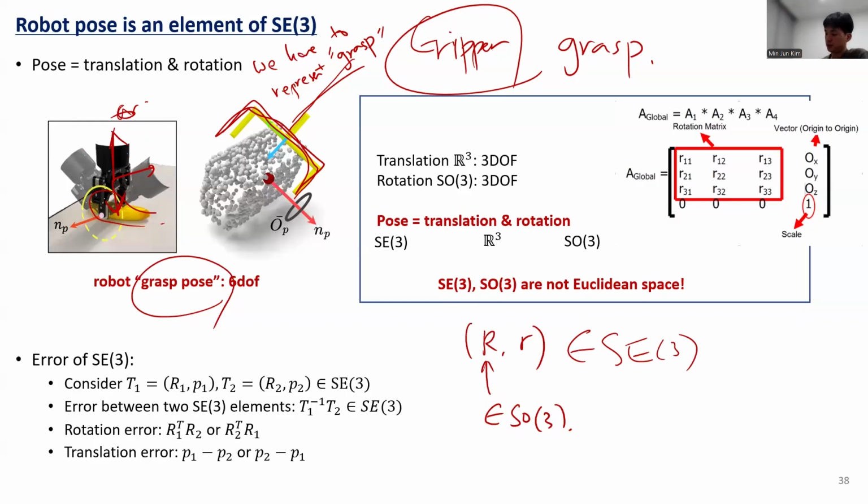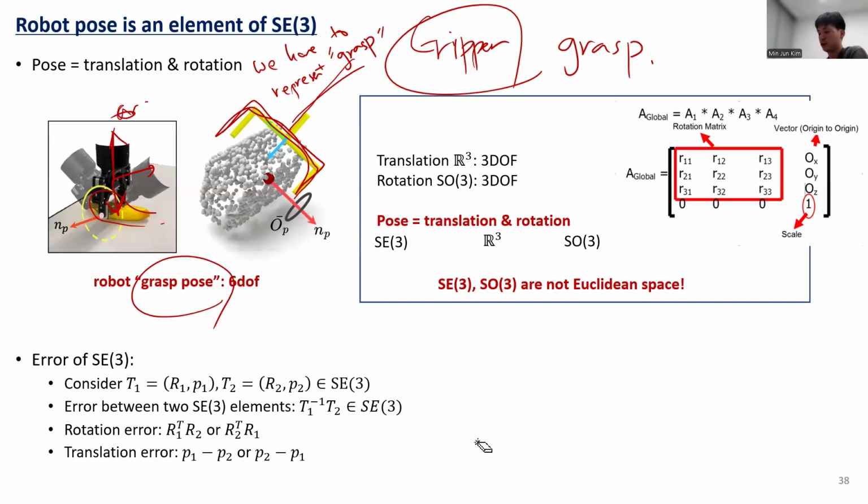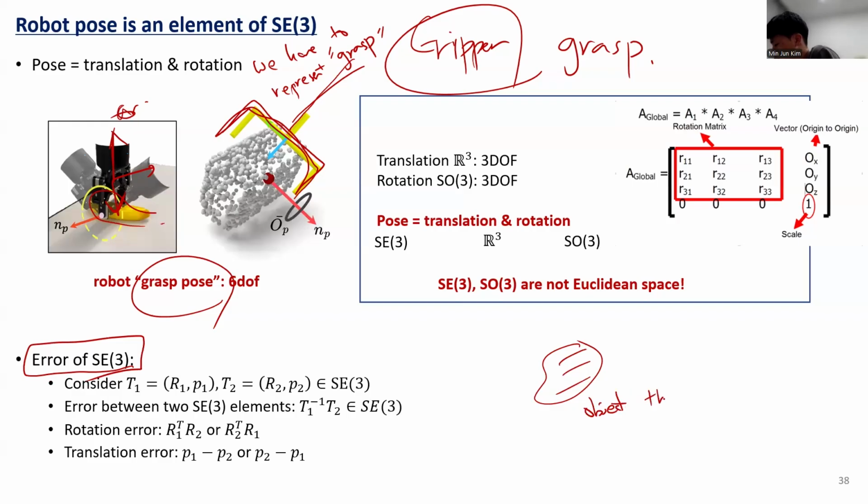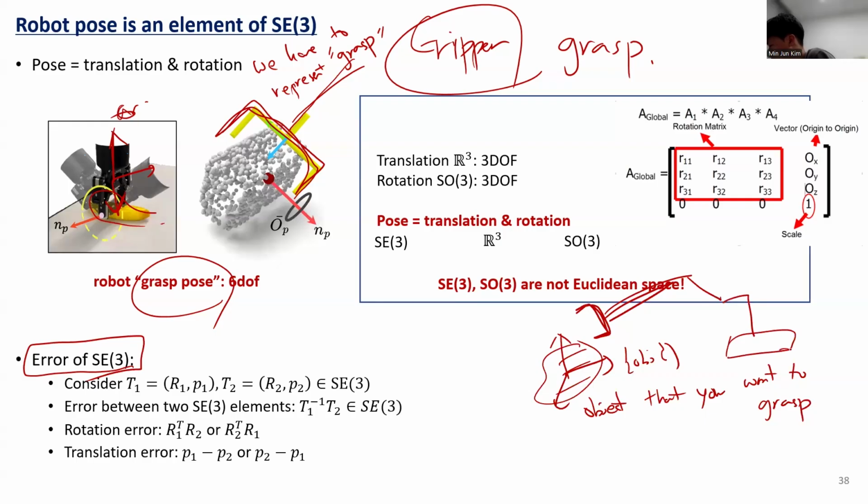So later we have to go one step further. We have to represent the error of SE3. Okay, so here's an object that you want to grasp. Here's the object frame, let's say. And here's your gripper, here we have the manipulator and your mobile base.